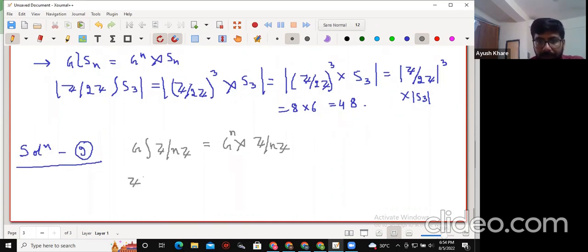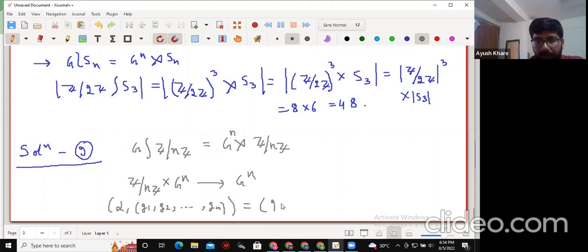The group action is Z mod nZ cross G raised to n to G raised to n, such that here you are having some alpha, and here a tuple G1, G2, up to Gn. It's just the power action.